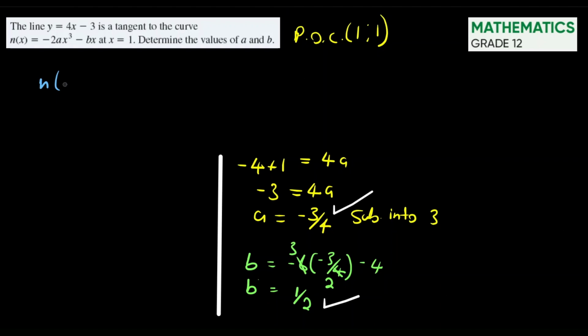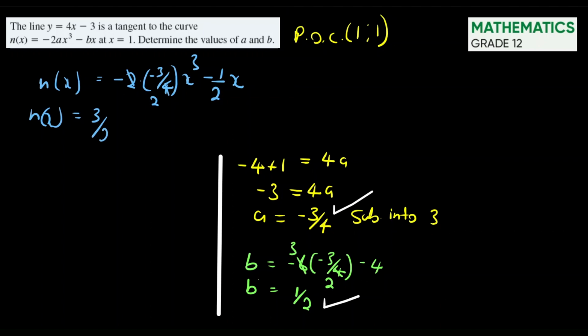Therefore, the equation of n of x is equal to negative 2 times, remember our a value is negative 3 over 4, x cubed minus our b value, a half, of x, which means n of x is equal to, the 2 and 2 cancel, and that will give us 3 over 2 x cubed minus 1 over 2x. So that will be our equation of n of x.